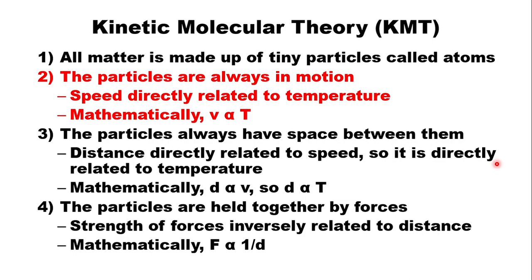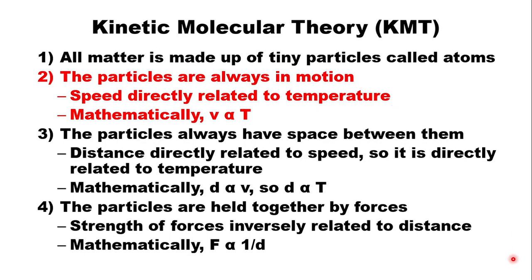Remember that we had used the kinetic molecular theory to flesh out our understanding of planetary formation, particularly the second point, that the speed of the particles is directly related to the temperature.